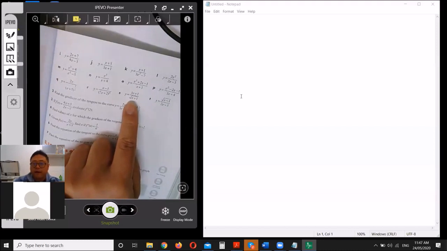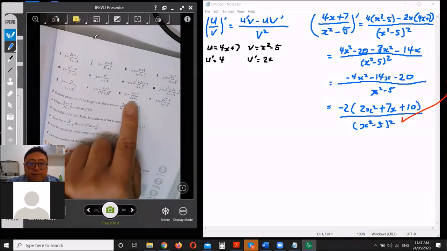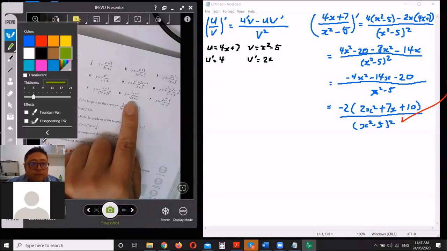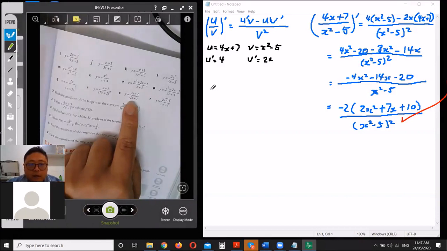Let me show you what I mean. If you've got y equals 3x plus 1 over the square root of x plus 1, that can be written as 3x plus 1 over x plus 1 to the power of a half, which you would use the quotient rule for.